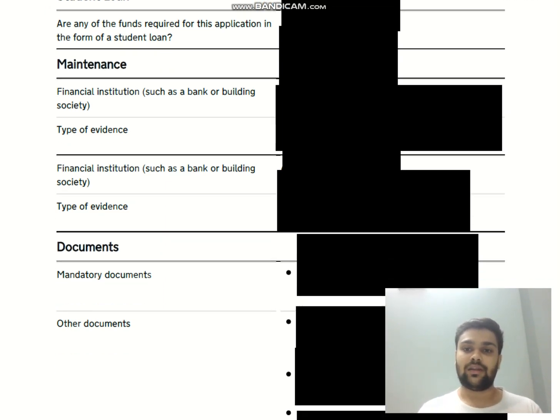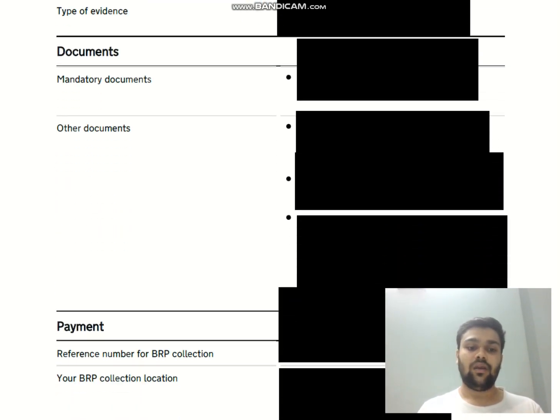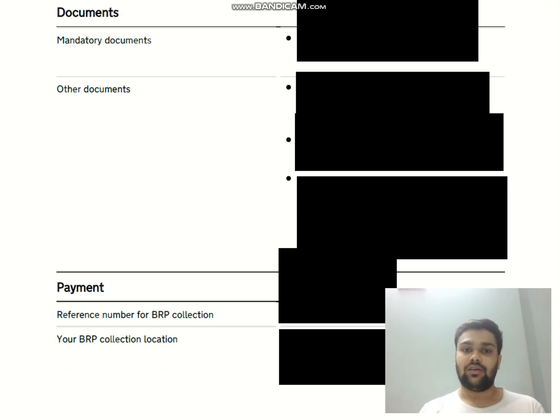Then comes documents in which the mandatory document is your passport. The second is other document in which your bank statement, your bank certificate, transcript, provisional or degree certificate, 10th certificate, IELTS scorecard is mentioned. Then comes BRP collection. So BRP can be collected from two places. One is your university and other is the nearest post office.